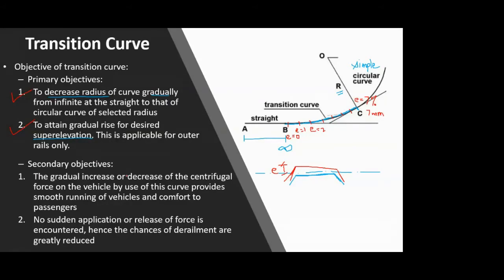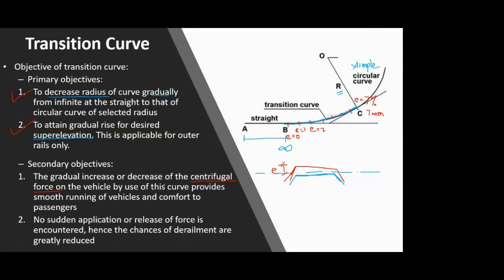Now the secondary objectives are in line with this only, that the centrifugal force that comes into picture in our curve section. So to gradually increase or decrease this centrifugal force depending on which side your curve is, whether the transition curve is at the starting point or at the ending point of the curve.